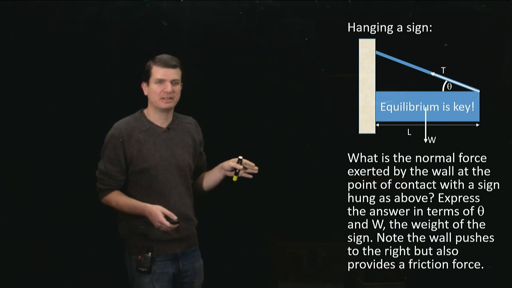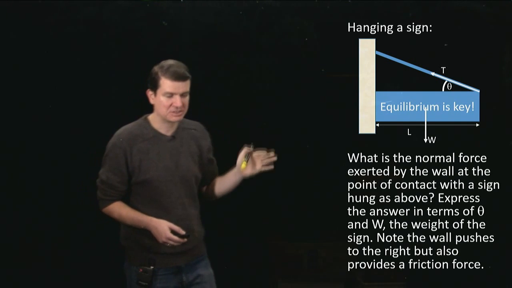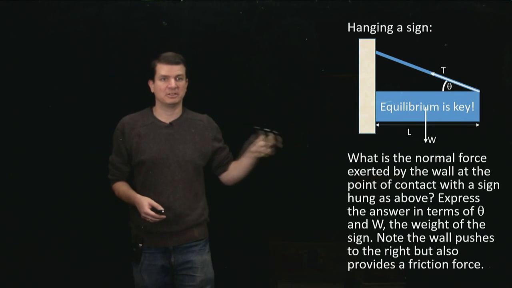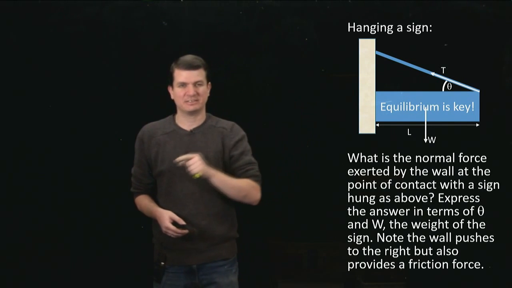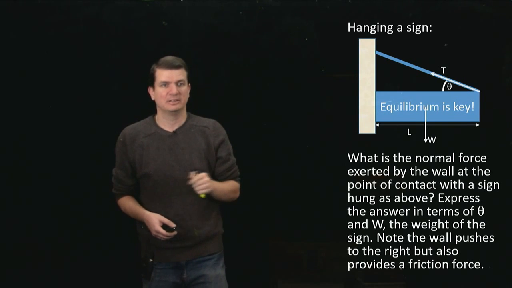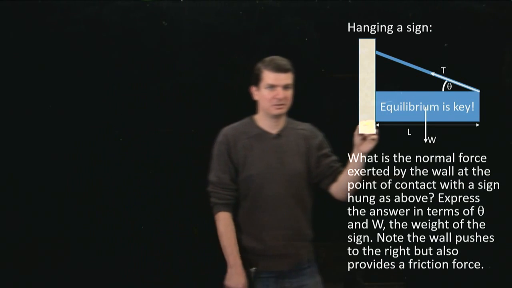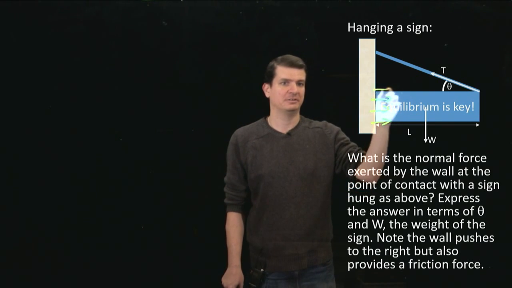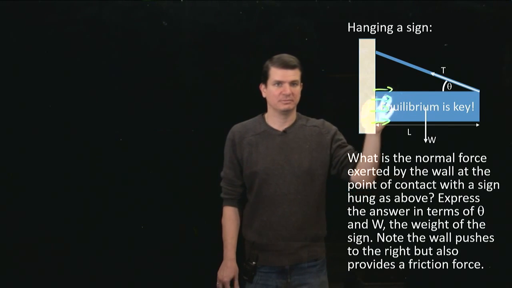Now, why do we get to do that? So we're essentially thinking about what is the worst case scenario in order for this thing to not spin. And the worst case scenario is that it is just on the verge of tipping. Initially, when you think about it, you know that really there's little bits of normal force acting all along there, between the wall and the sign.